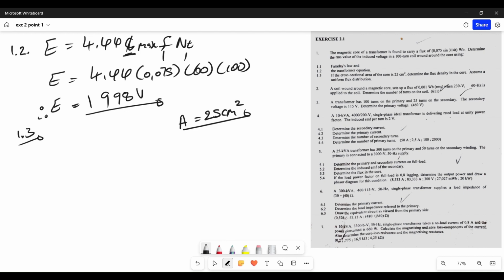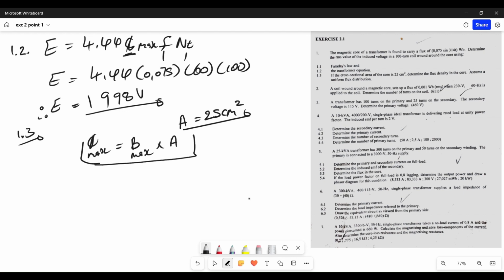Okay, so we're simply going to substitute everything that we have so far. You know that flux max is equal to B max times area.